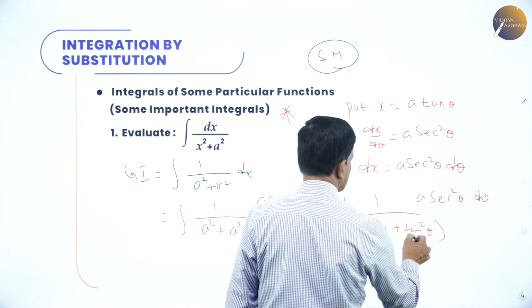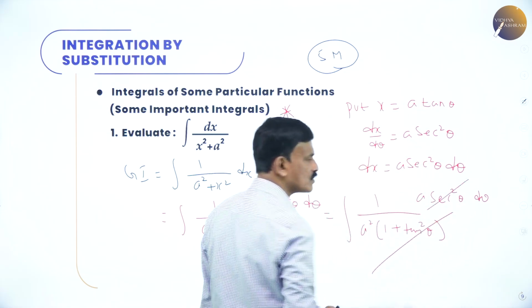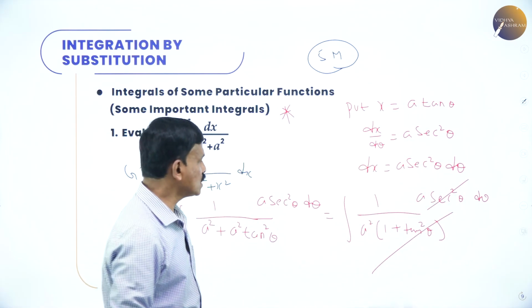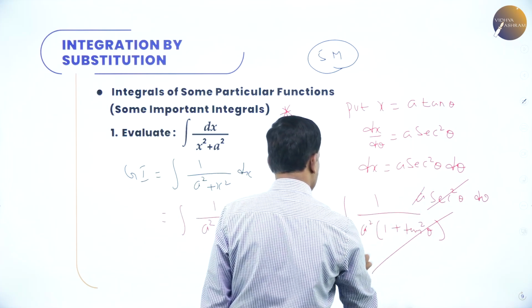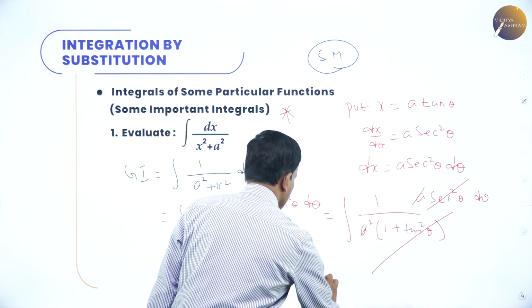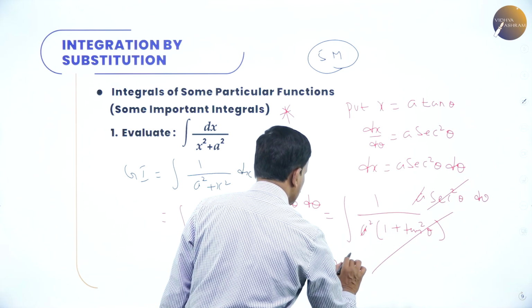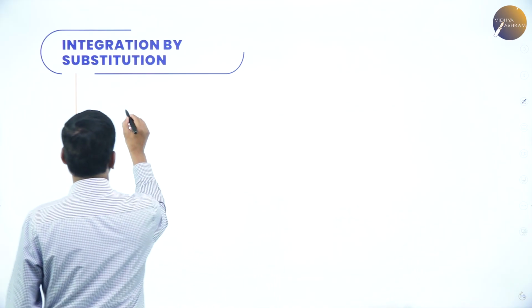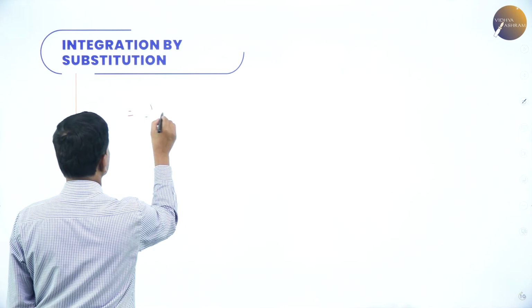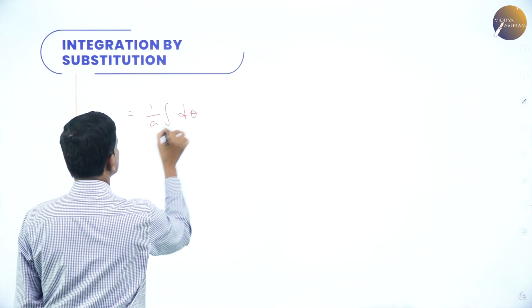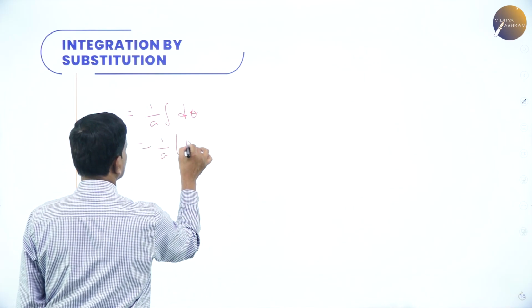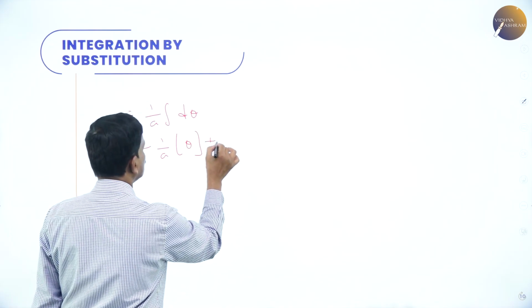What is 1 plus tan square theta? 1 plus tan square theta is secant square theta, so secant square gets cancelled, and a and a also get cancelled. This is 1 over a into integration of d theta, which is theta plus c.